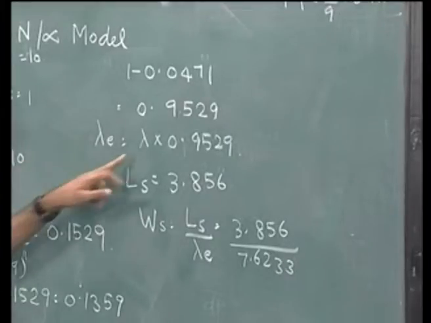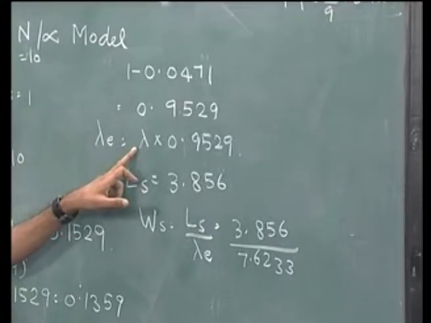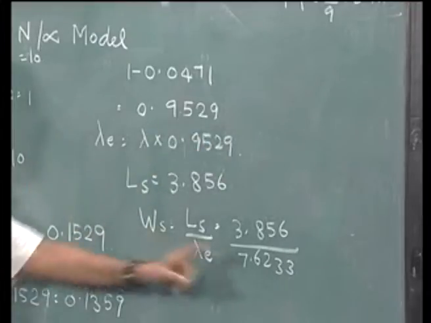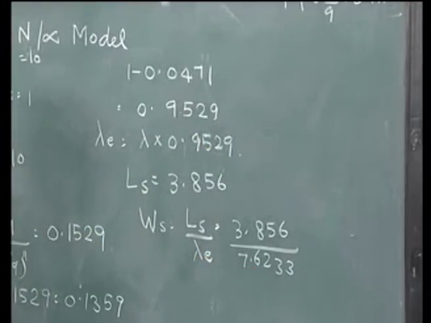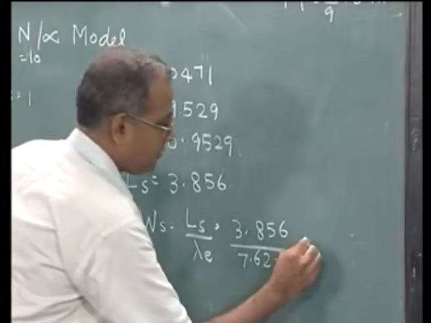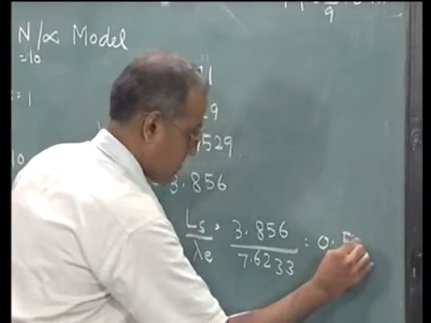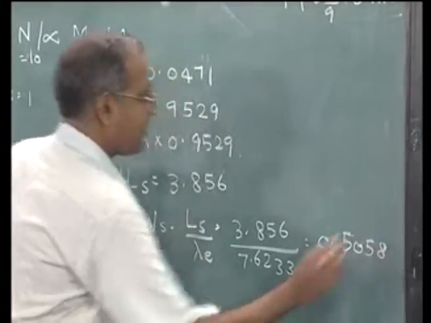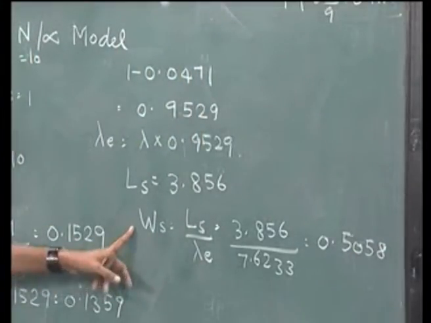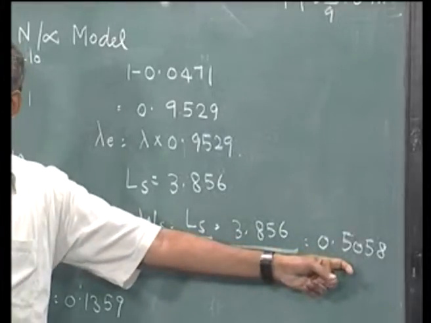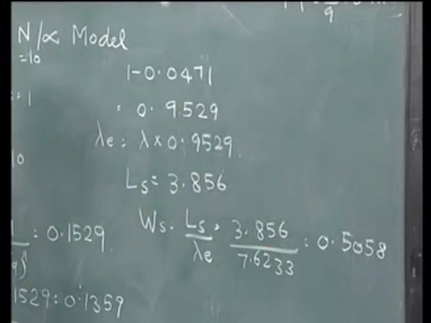So, the effective arrival rate is 8, which is lambda, into 0.9529, which becomes 7.6233. Now, this will become 0.5058, which is the waiting time in the system, which was earlier 1 hour, has now come down to half an hour, because we put this restriction.